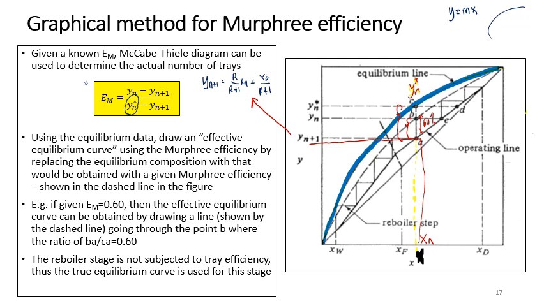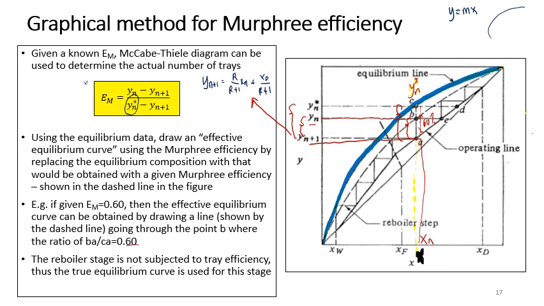For the equilibrium relation from xn, you should get yn star, but because your tray is only 60% efficient, you only go until this point yn, and this distance divided by that distance is 60%.